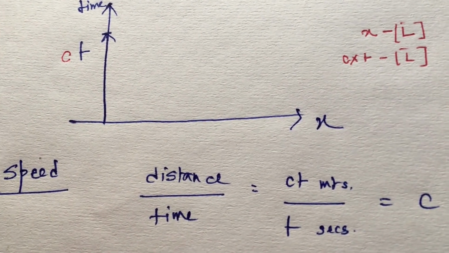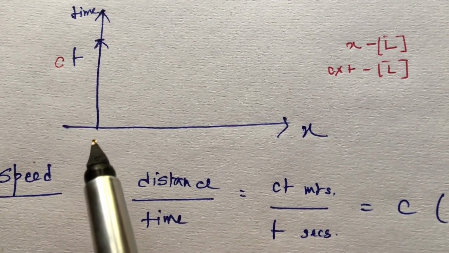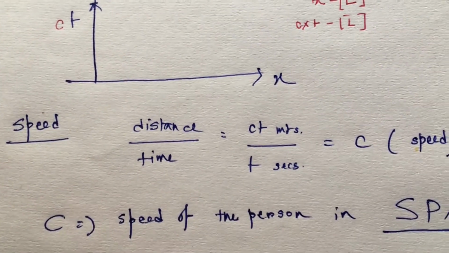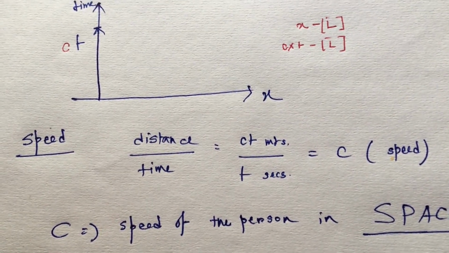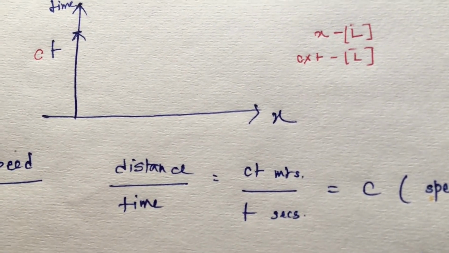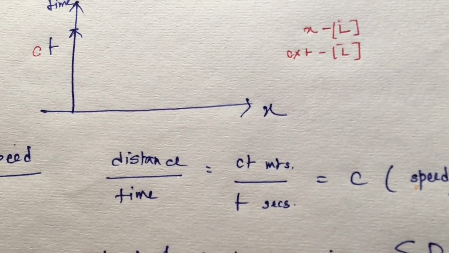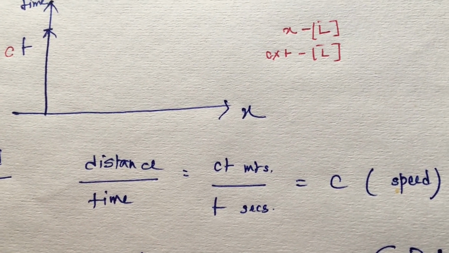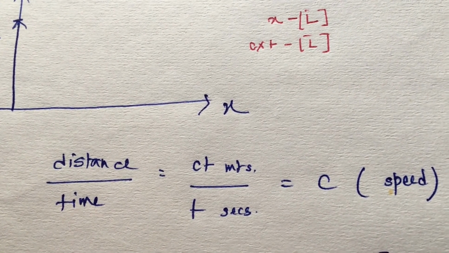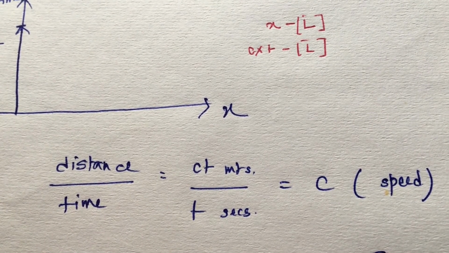So here the entire velocity is c, and the observer is moving only along the time axis. Now speed is easily calculated, because speed is equal to distance by time. Distance is equal to ct meters along this time axis, and that distance ct is traveled within a time interval of t seconds. So ct by t, I get the speed c, which is the speed of light in vacuum.